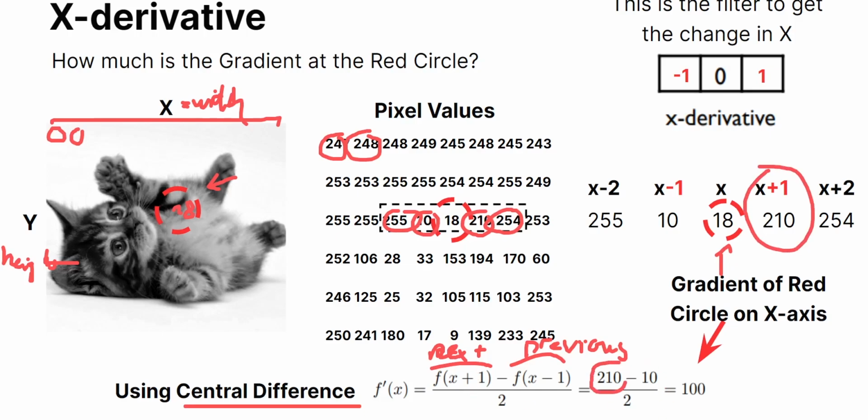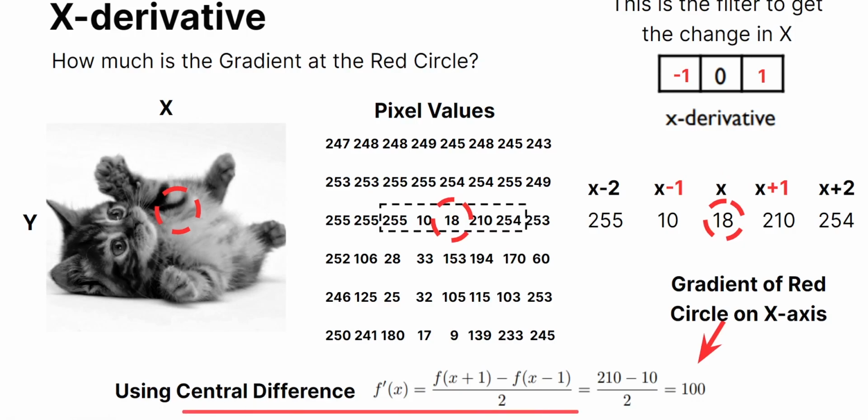We plug that in here, then subtract the previous point, which is right here, and then divide by 2, and we get this value. 100 is the gradient of the red point using the neighbors' values. Because we're using the central difference, we have a filter that we can actually apply to the image, and you can see that we are using the next value and the previous value as our x derivative.